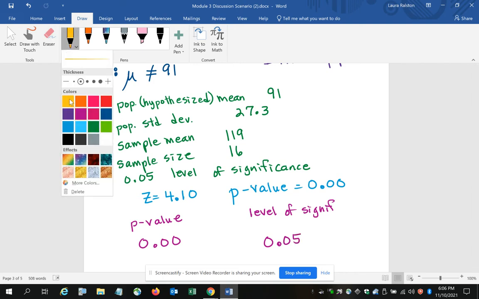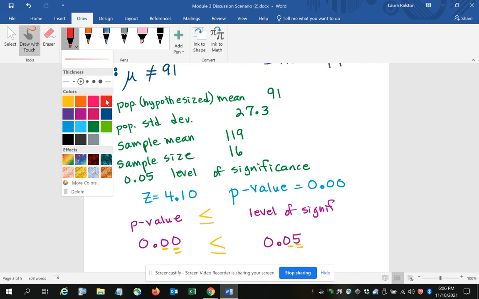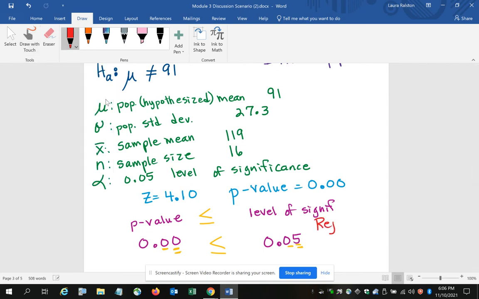Again, if you'll compare it digit for digit, first number after the decimal point, no difference. Second number, 0 compared to 5. 0 is less than 5, so P is less than or equal to alpha. When P is less than or equal to alpha, we always reject the null.